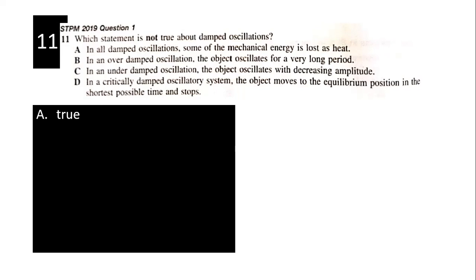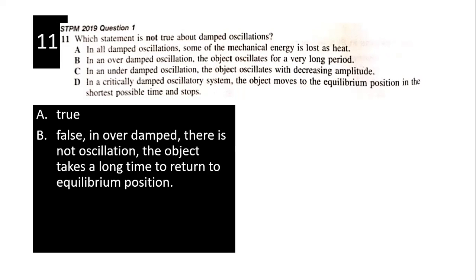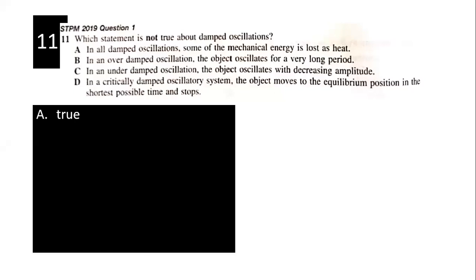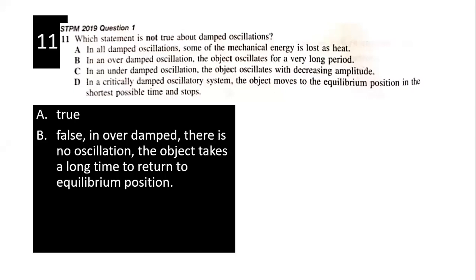It just takes a long time to go back to zero. So this is false. In overdamped, there is no oscillation. The object takes a long time to go to the rest position.